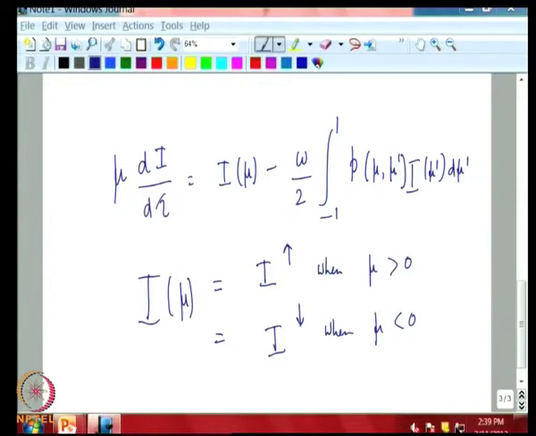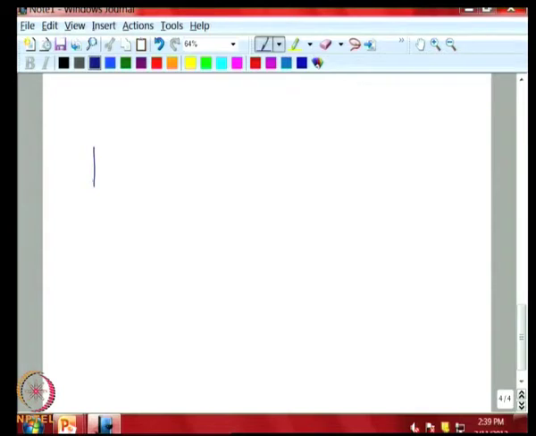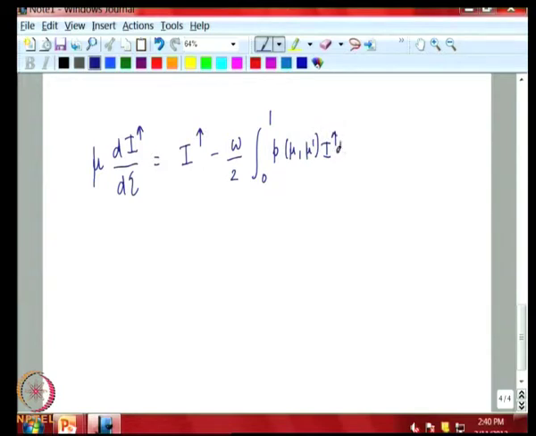So, you now write the equation for I up and I down, and we will illustrate that now by showing that mu d I up d tau is equal to I up minus single scattering albedo by 2, 0 to 1 the scattering phase function, which is now function only of mu and not of phi, and so you are doing two integrations, one from 0 to 1 and one 0 to minus 1.